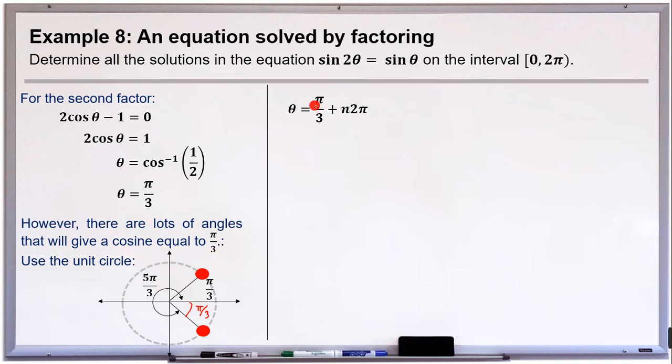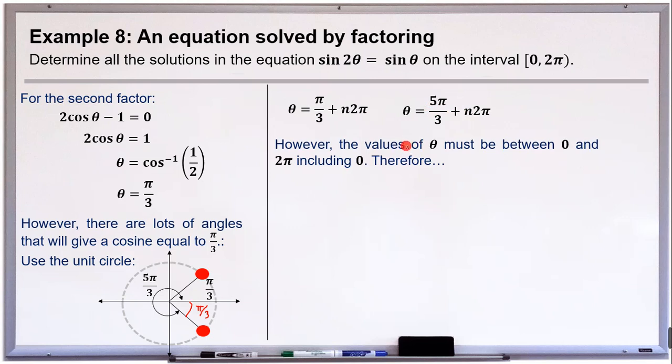So if we're going to implement this, theta will be pi over 3 plus n 2 pi, and for 5 pi over 3 that's plus n 2 pi, since the sine or cosine function is periodic at 2 pi. Next, the values of theta must be between 0 and 2 pi only, including 0.